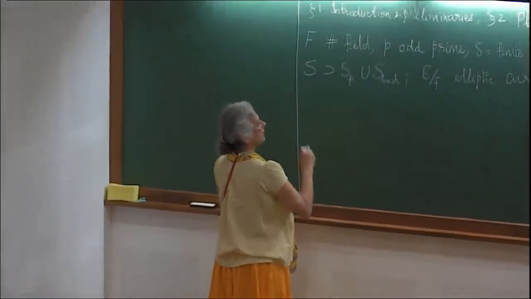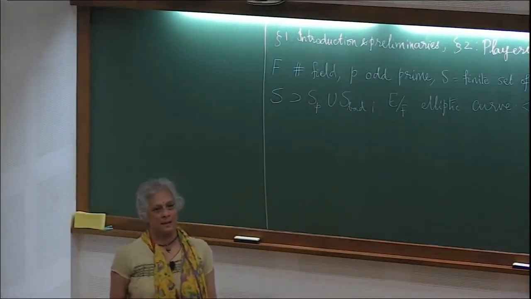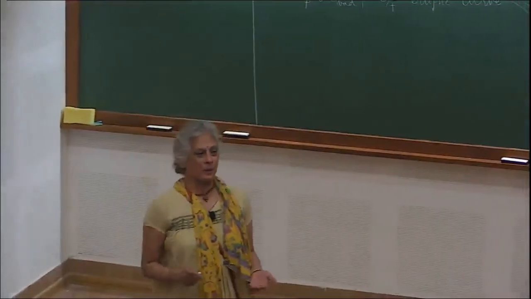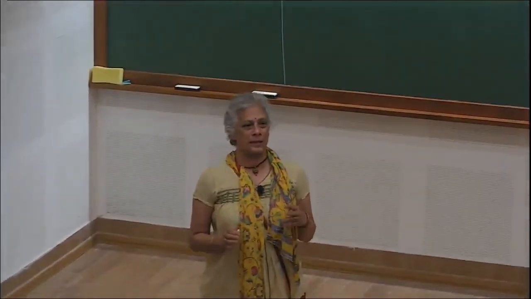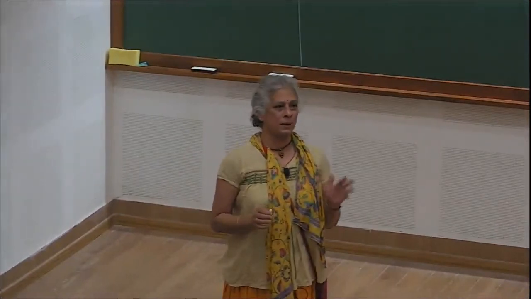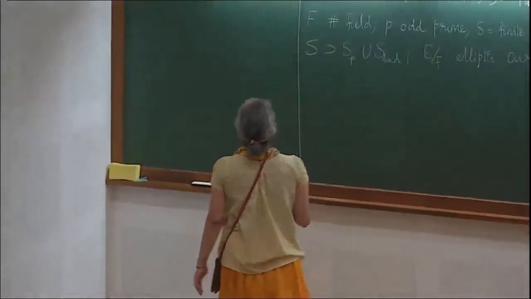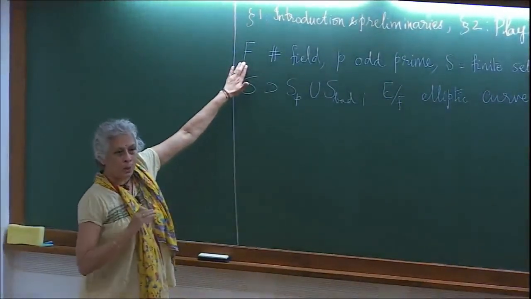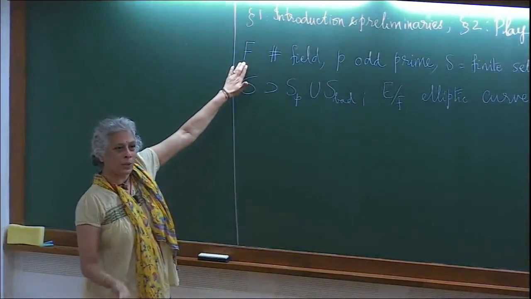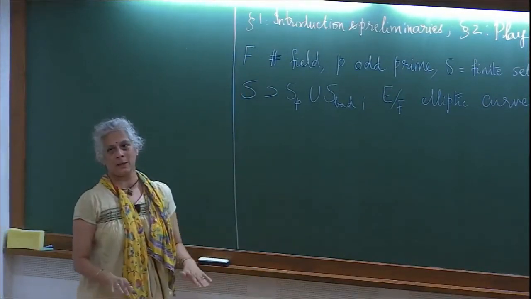In studying this, of course, the holy grail in the arithmetic of elliptic curves is the Birch and Swinnerton-Dyer conjecture, and Iwasawa theory is one of the techniques that has proved somewhat successful in tackling that problem. To do Iwasawa theory, it's counterintuitive: you are answering questions over the ground field, but in order to do that, you have to go to infinite extensions of F and then descend using the Galois action.